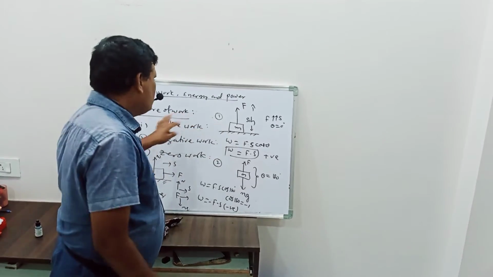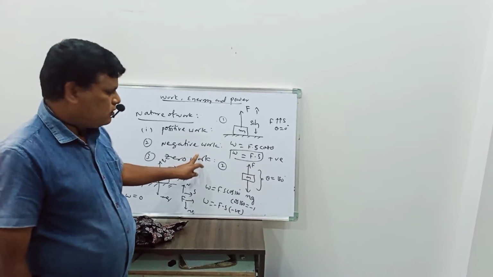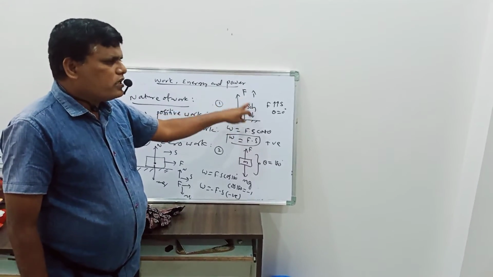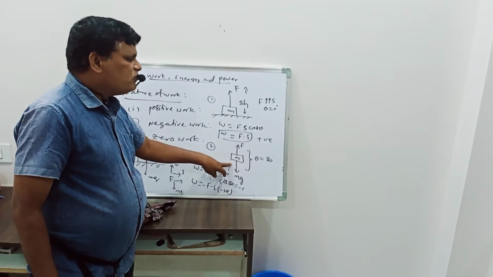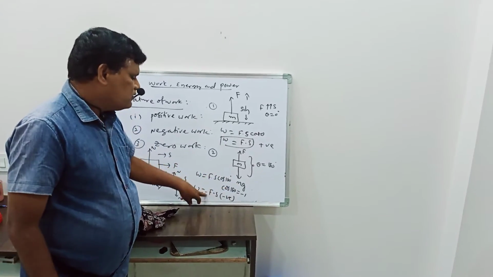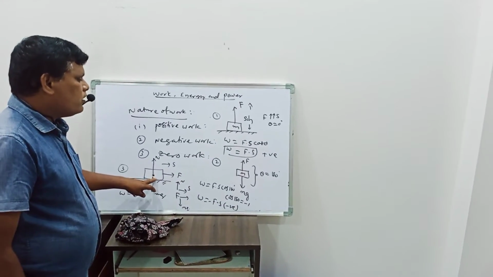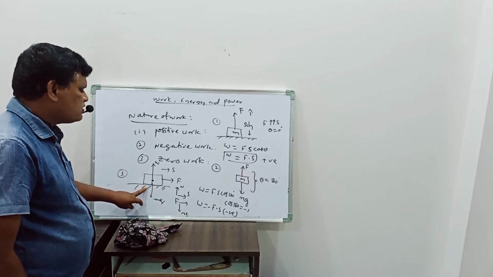So we have three types of nature of work: positive work, negative work, and zero work. When you lift the object, the work done is positive. When you lift the object against gravity, the work done by gravity is negative. When a block is moving horizontally on a rough horizontal surface, the normal reaction acts upward and the weight acts downward.